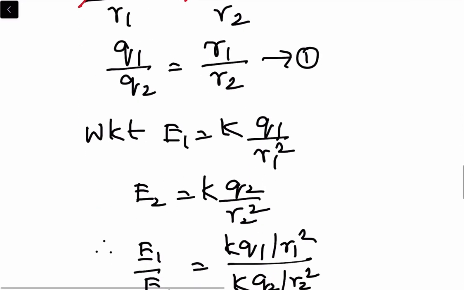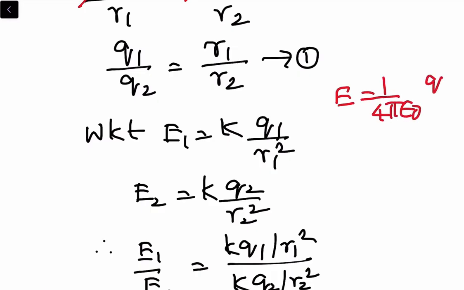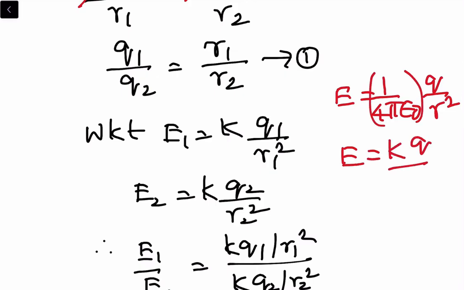Then after that, let's go for the formula of the electric field. We all know the formula for electric field E is equal to 1 by 4 pi epsilon naught Q by R square in general. Here we take this as constant K, so KQ by R square.